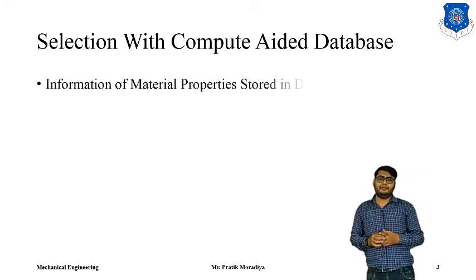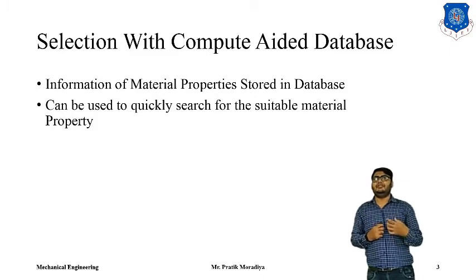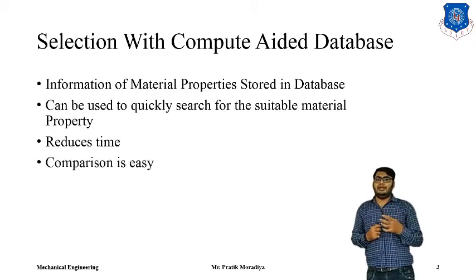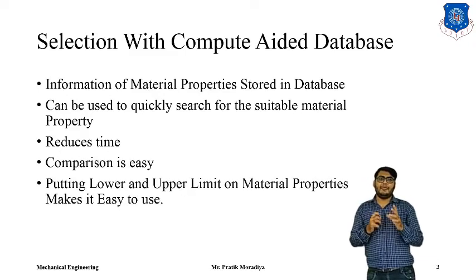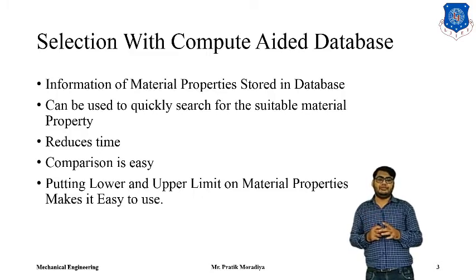So this is a very simple method of how to select the materials. Very easy, very quickly. But what is the problem? The problem is it requires a large amount of time to build those databases.